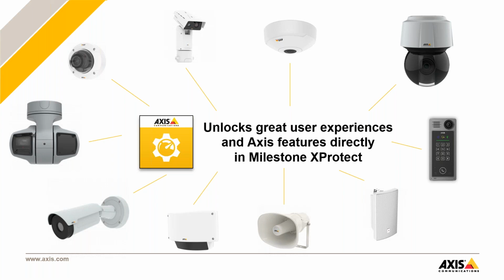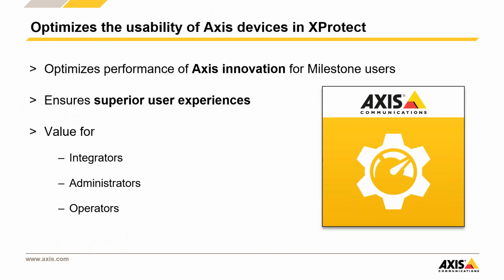We might have cameras that have advanced features like speed dry and wash-wiper functionality. We have an intercom, we have audio devices, and the whole idea with this Optimizer plugin for Milestone is that we enhance the experience of the user.